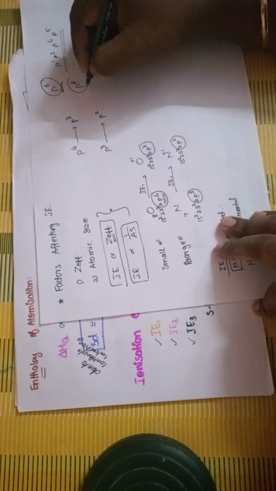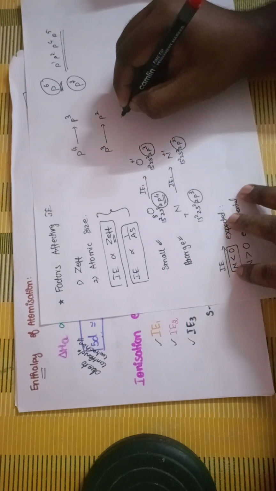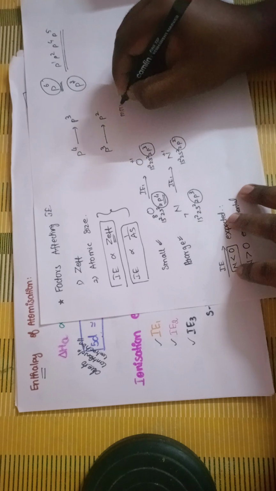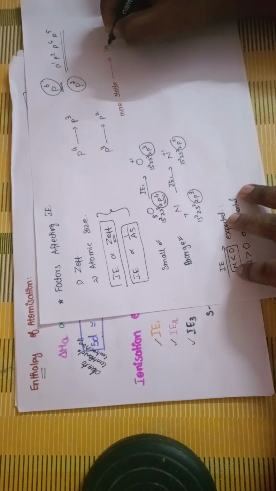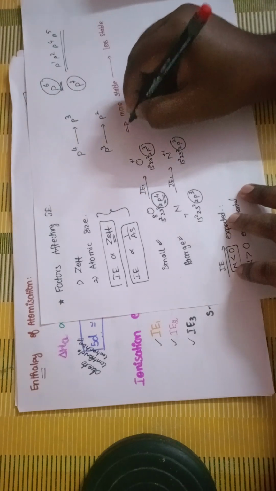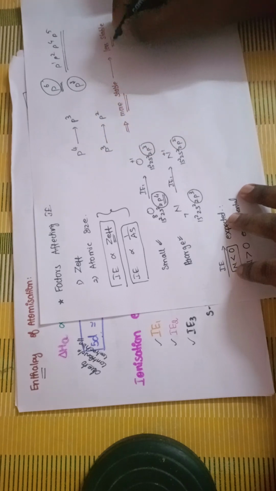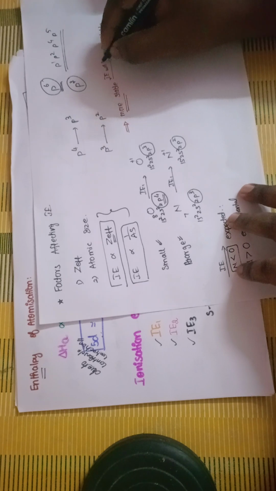This is completely filled, this is partially half-filled. Students, this is very important: the ionization energy you are supplying is for converting a system from more stable to less stable. On the reactant side it is more stable, on the product side it is less stable. For this case, we need to give a large amount of energy.